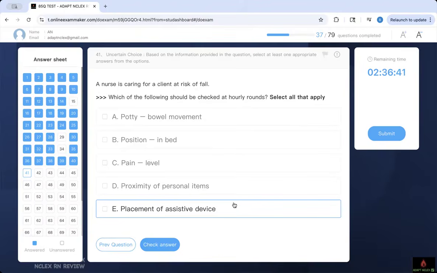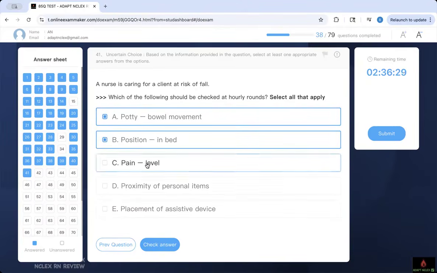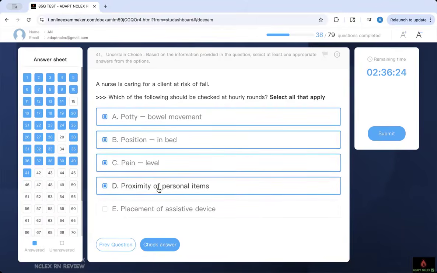No, they're test-taking strategy, testing your knowledge. You always want to see if they poop so that you can clean them, so that they don't get out of bed. You want to know where the bed position is, right? What is their pain? To address their pain. Personal items are number one, so that they don't get out of bed. And of course, they have things they can use to support them when they get out of bed.